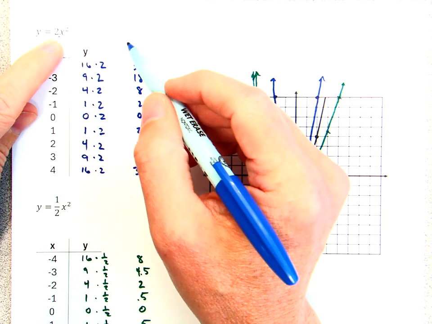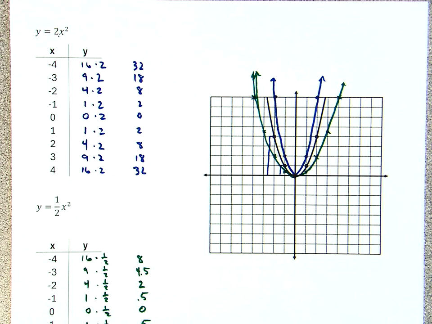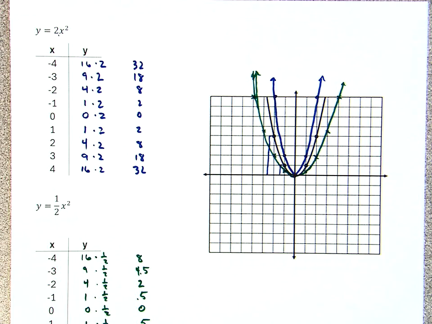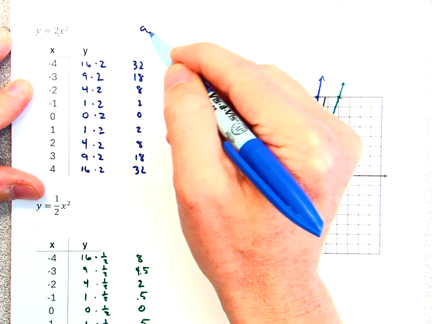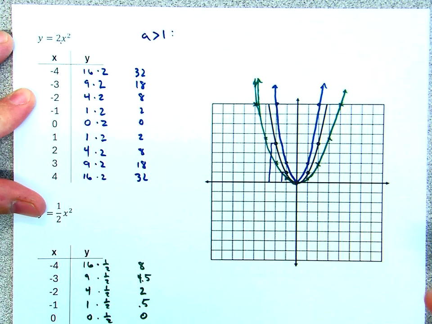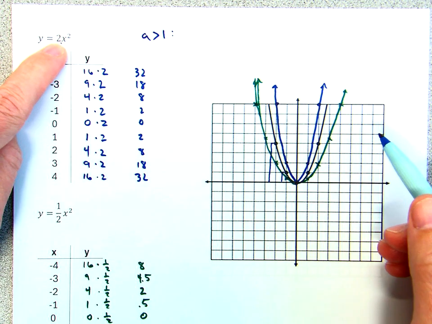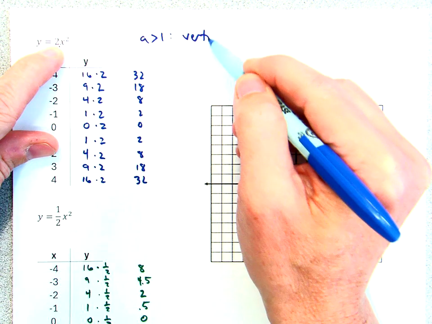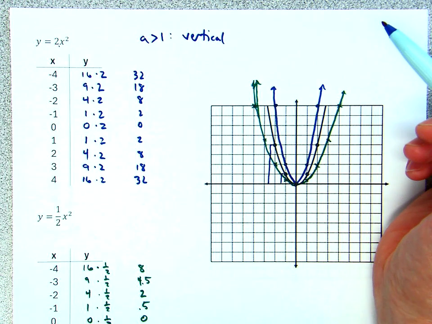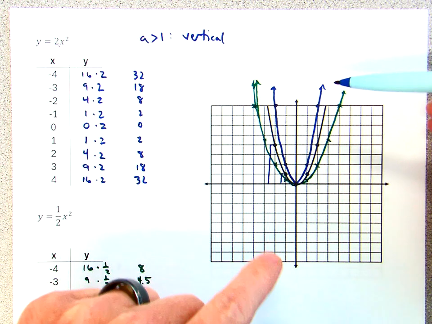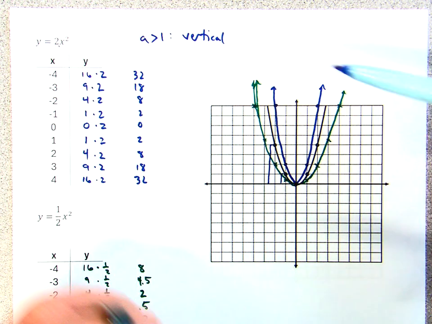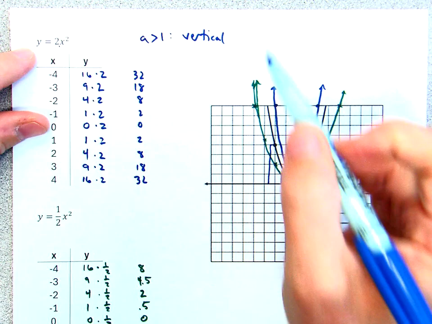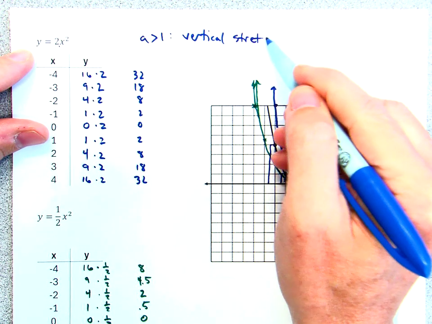So in terms of standard form, I'll just call this A. If A is bigger than 1, then it will have an effect on y's, and y's are vertical components. So I'm going to say this is a vertical alteration to the graph. And in terms of the vertical aspect of this, it's going to take each of these values and stretch them vertically. So I'm going to call this a vertical stretch.